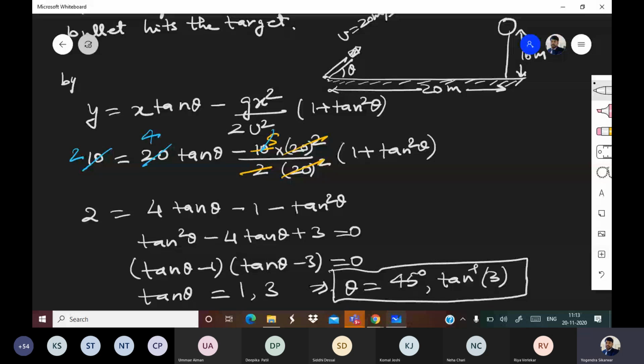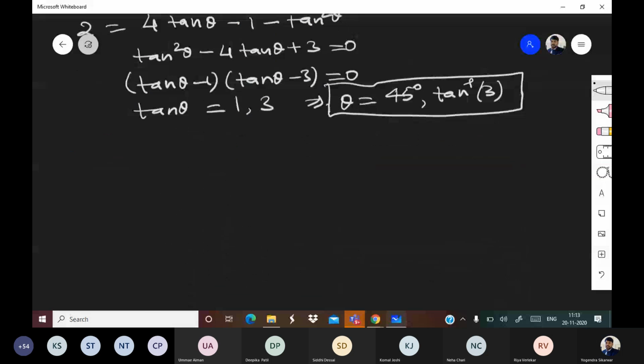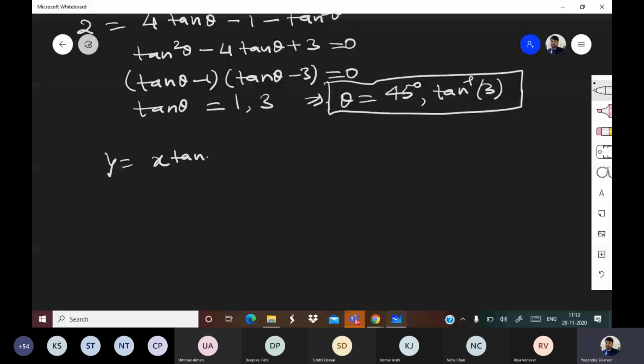Okay. Now there was a question by Ram. He was asking, sir, how we were getting that R formula. Pay attention. We had y is equal to x tan theta minus gx square upon 2u square cos square theta, right? So what I am doing, I am taking x tan theta common.